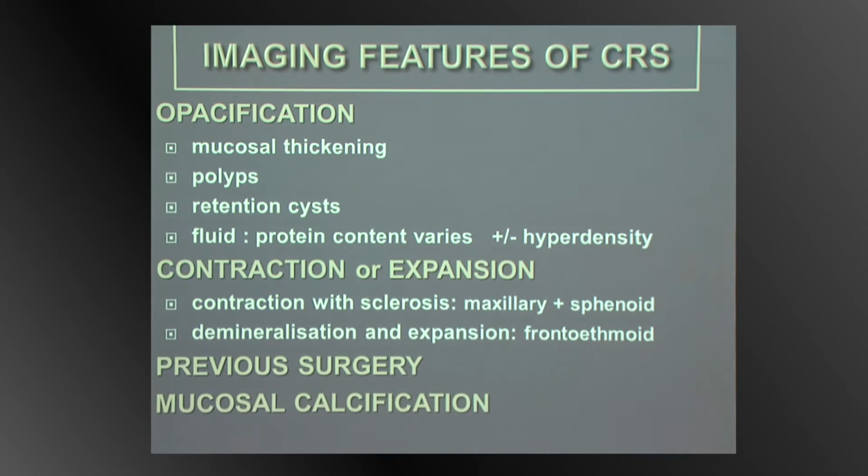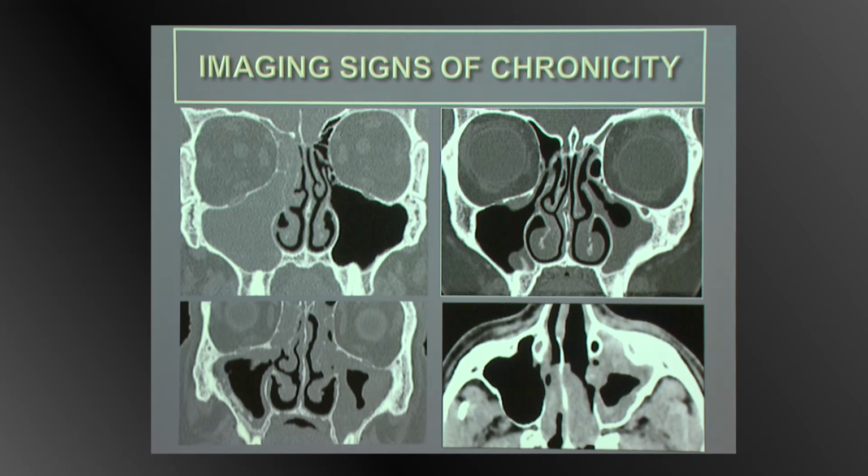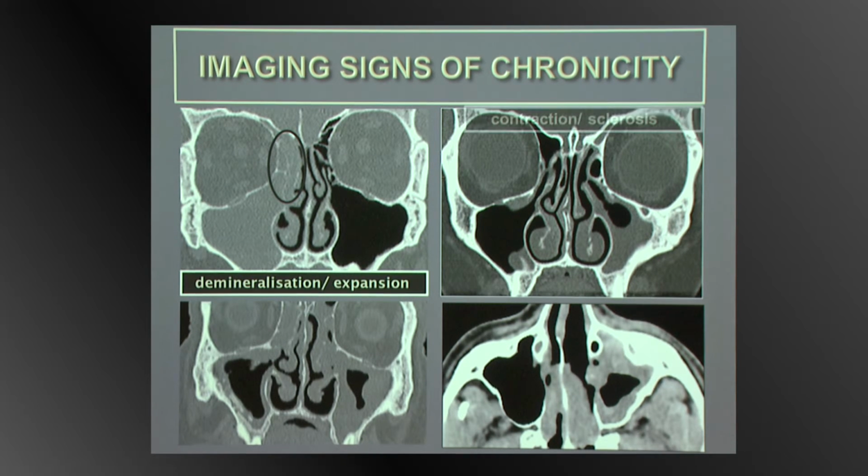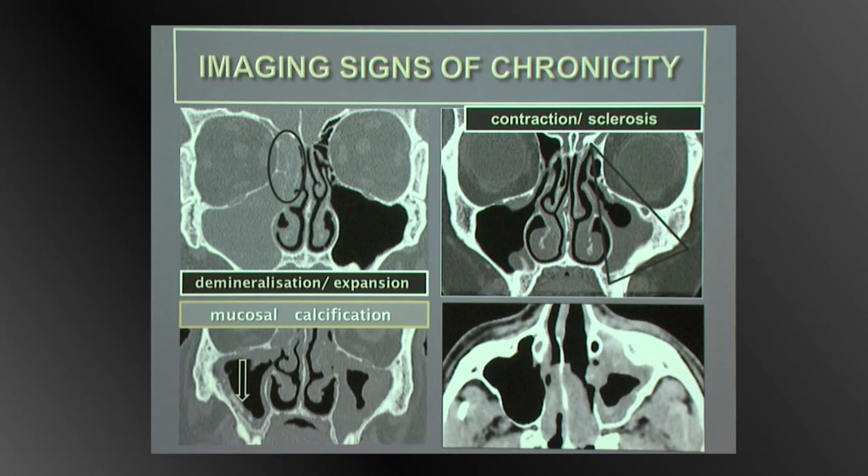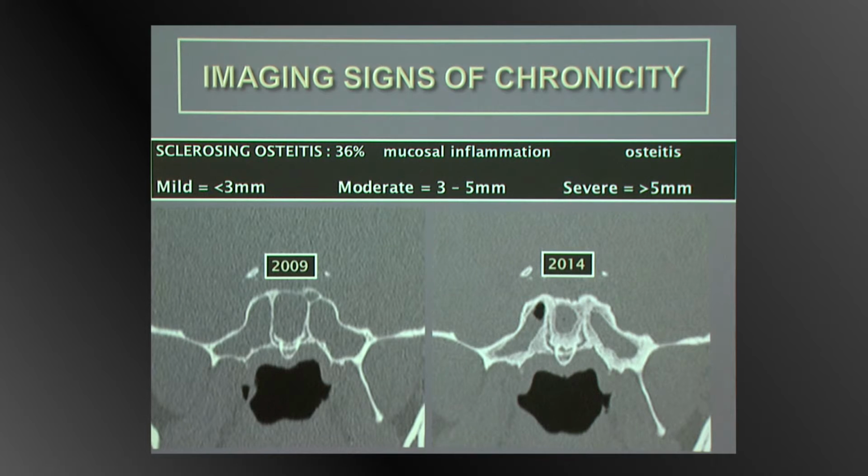Previous surgery and mucosal calcification. So just a little potpourri. Demineralization and expansion of the frontoethmoidal region. Contraction and sclerosis of the left maxillary sinus. Mucosal calcification. And fluid of varying density and contents of varying density within the sinus, which may or may not be fungal, they may just be hyperdense secretions.